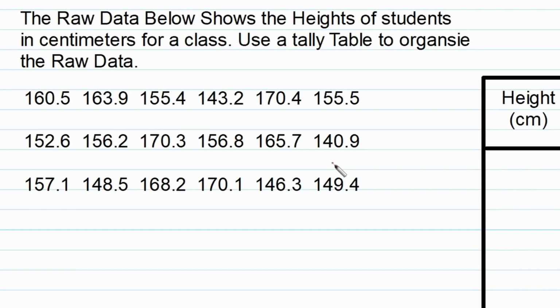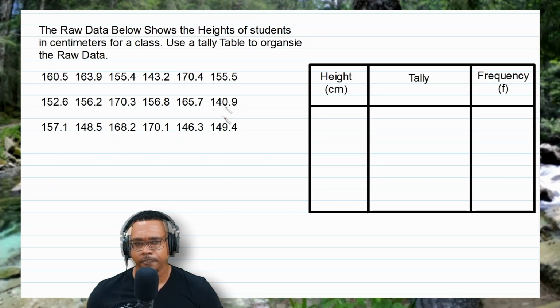So what I could do, I could group these things into some class intervals. Now, seeing that 140.9 is my lowest, I could actually start with 141 as my lower class limit for my first class interval. So that would look like this: 141 to 150. So now remember, this class interval will take values from 0.5 less than the lower class limit, which would be 140.5.